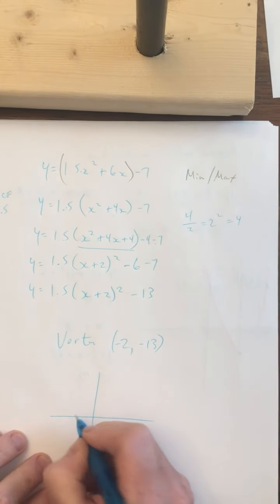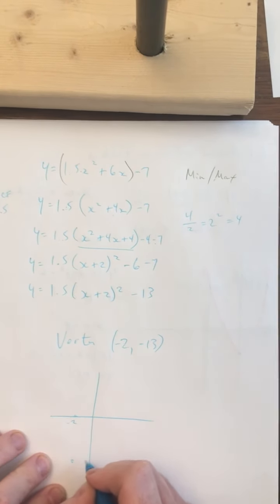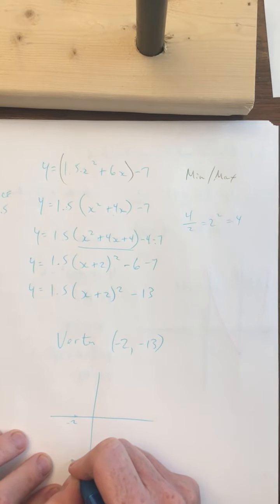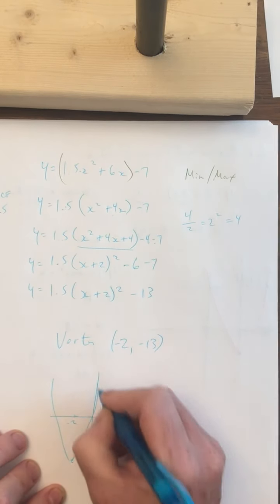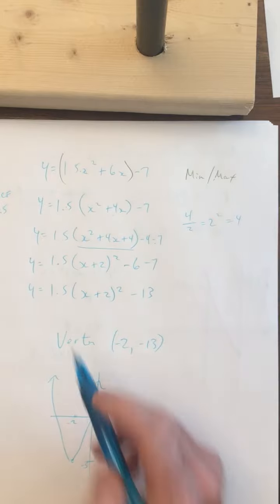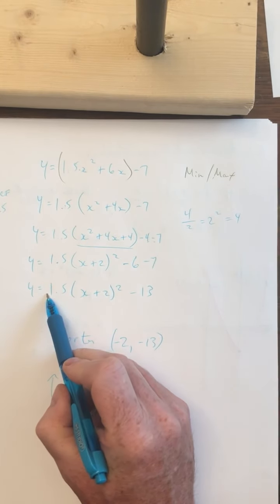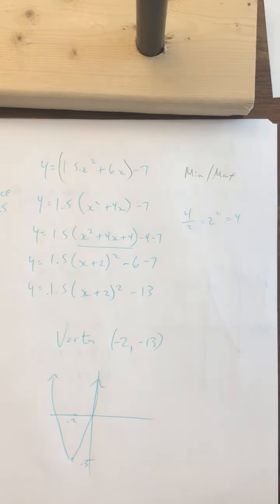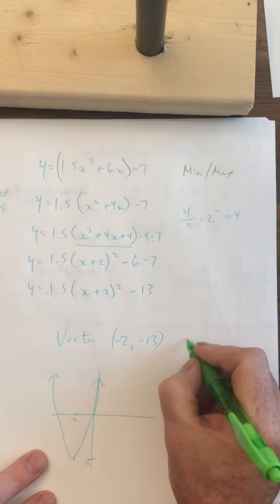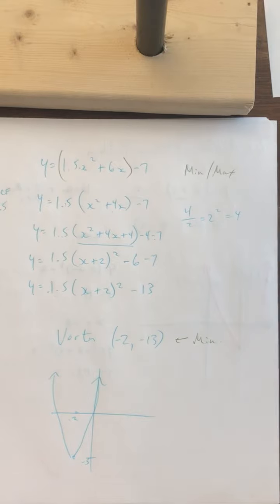If we're to graph it, -2, -13, it's going to look something like this. It's positive, so it's opening upwards. It's stretched by 1.5. So this is our minimum value.